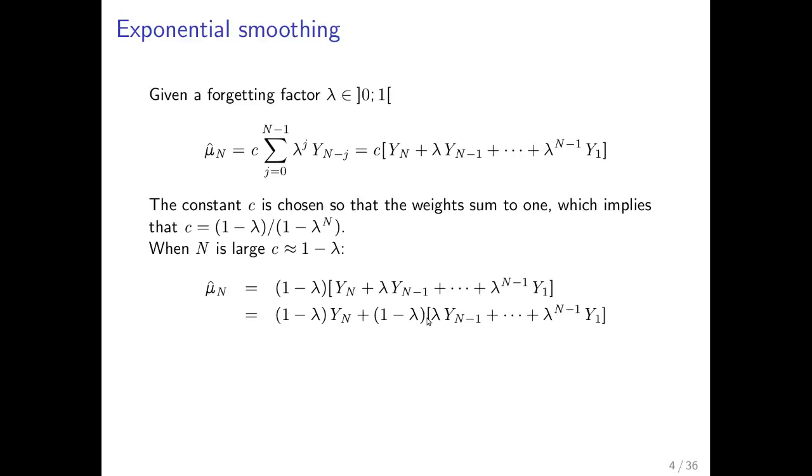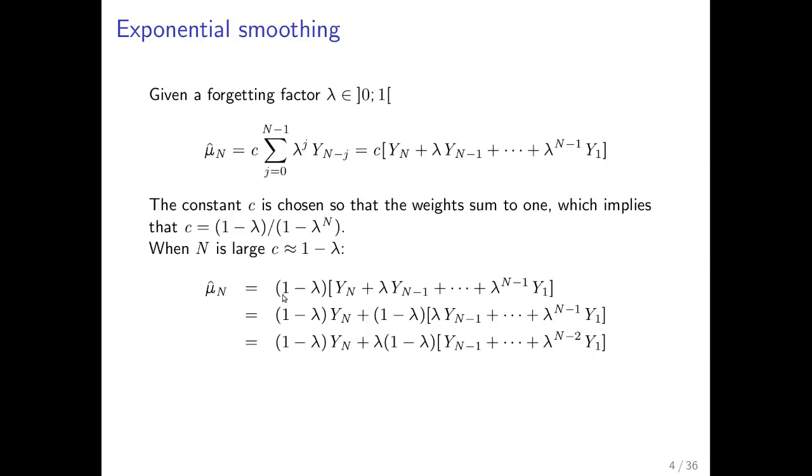In the parenthesis we have lambda to some power, and if we move one lambda outside, then what we have in there is effectively what we started out with for the definition of the exponential smoothing model.